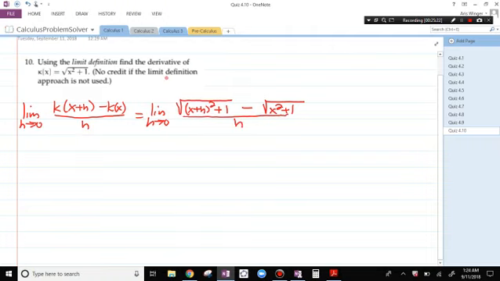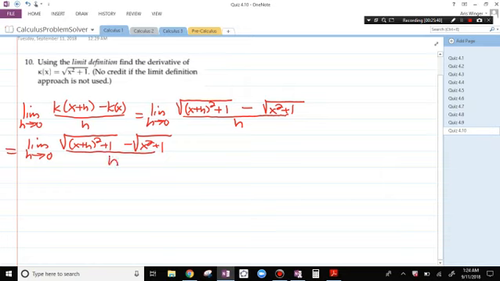h. Okay, so then what we're going to do now is introduce a conjugate, which is going to help us simplify the numerator. As limit as h tends to 0, the square root of x plus h squared plus 1 minus the square root of x squared plus 1 all over h times, and then we'll introduce this thing.